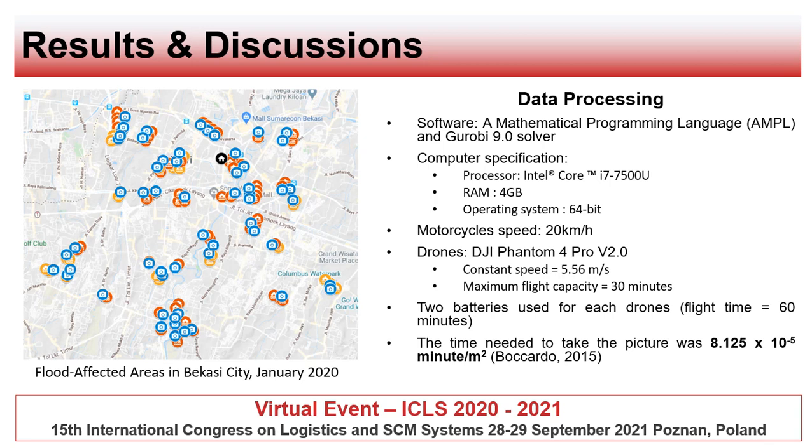And all these particular parameters were taken from relevant websites, from the drone itself to the motorcycle speed and so on. Then we experimented using a commercial mathematical programming solver called AMPL, which provides a quite powerful solver for these mathematical formulations, called Gurobi.